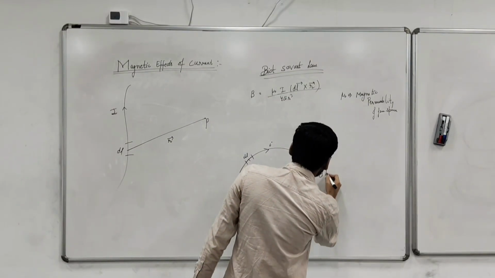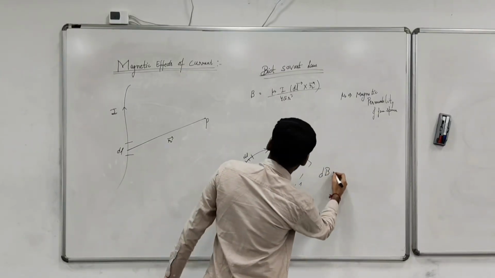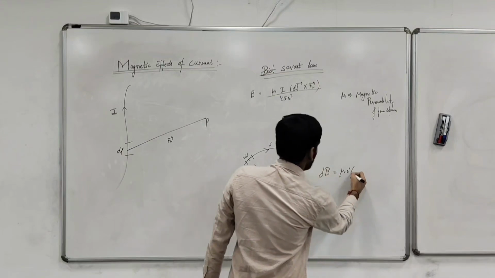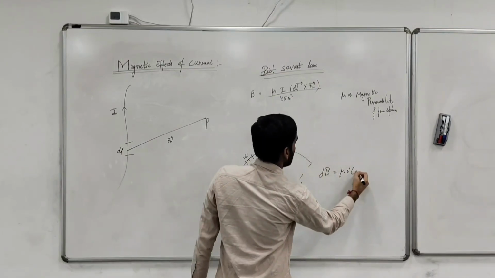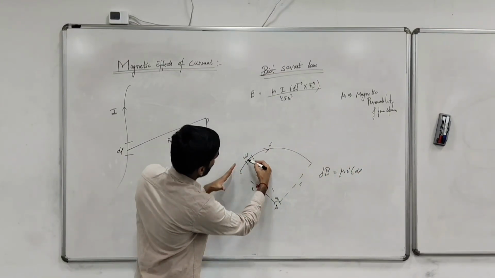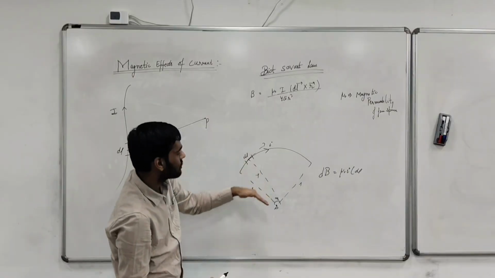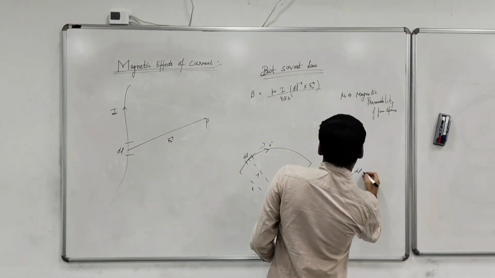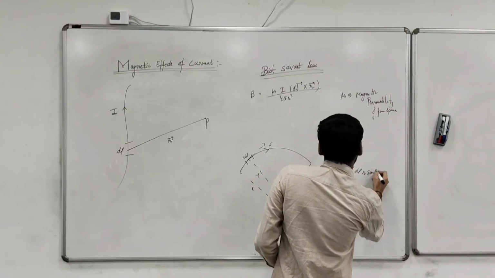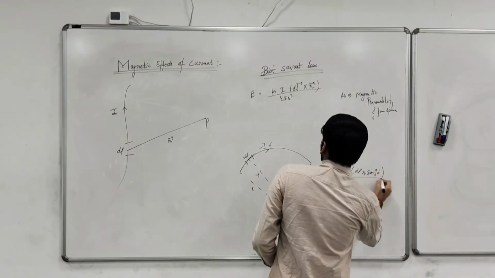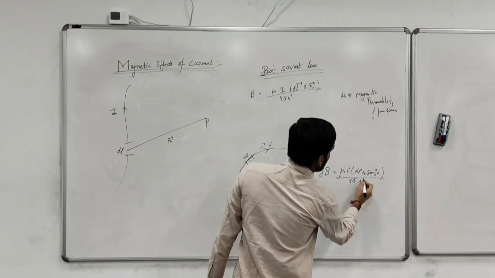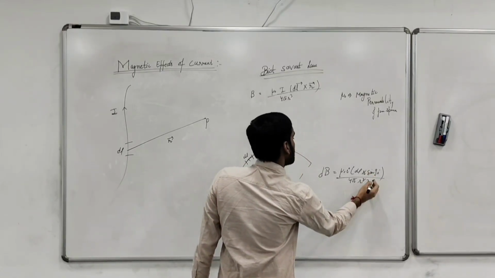So for this dl element, the magnetic field produced by this current element at point P is given as dB. dB is mu naught I dl, and obviously this is tangential, a tangent, and this is a radial direction, which are perpendicular to each other. So dl r sine 90 over 4 pi r cubed.